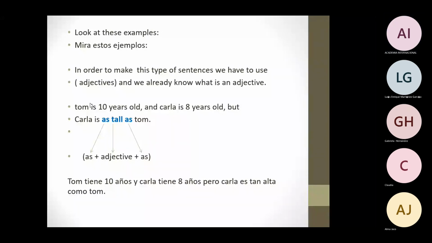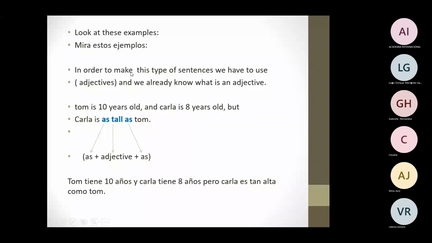He is 15 years old. Y así, sucesivamente. Por eso aquí is. Tom is 10 years old. And Carla is 8 years old. So, he is, or she is younger. Carla is younger than Tom. Carla es más joven, ¿verdad?